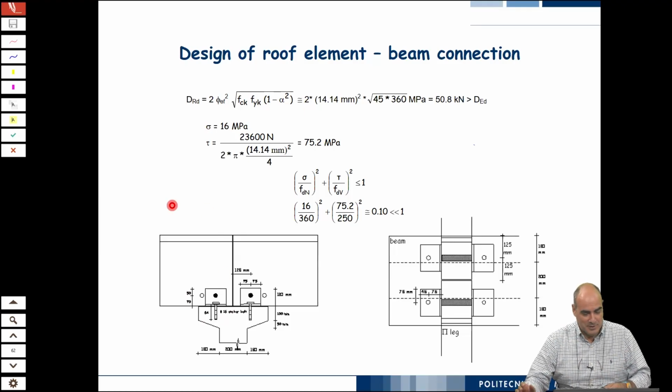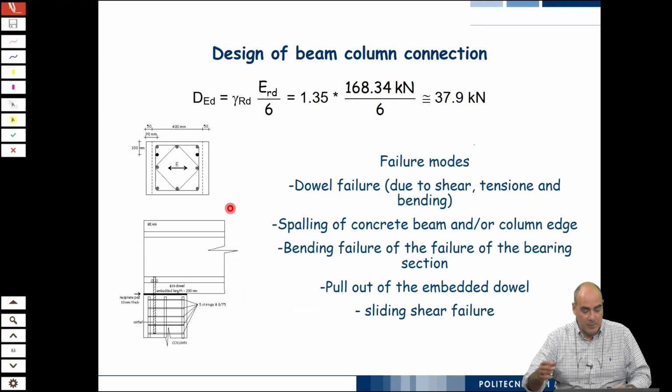Here we repeat the same calculation, but let's see which are the failure modes. First we have the dowel failure, of the anchor bolt or the bar. Then we have the spalling of the concrete, of the beam or column edge, depending on where you are.